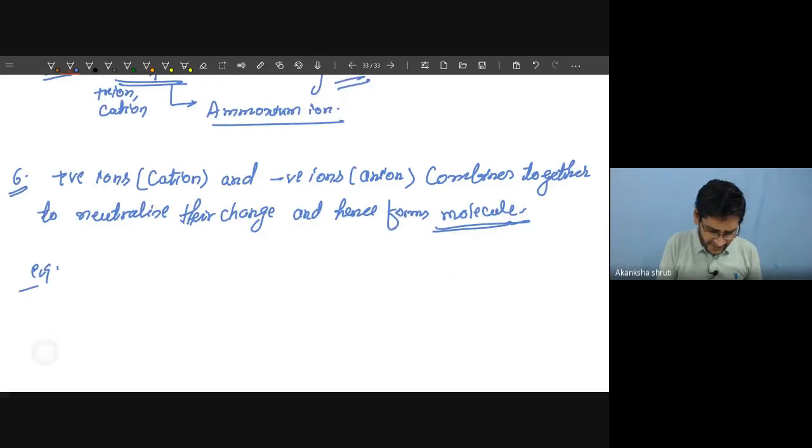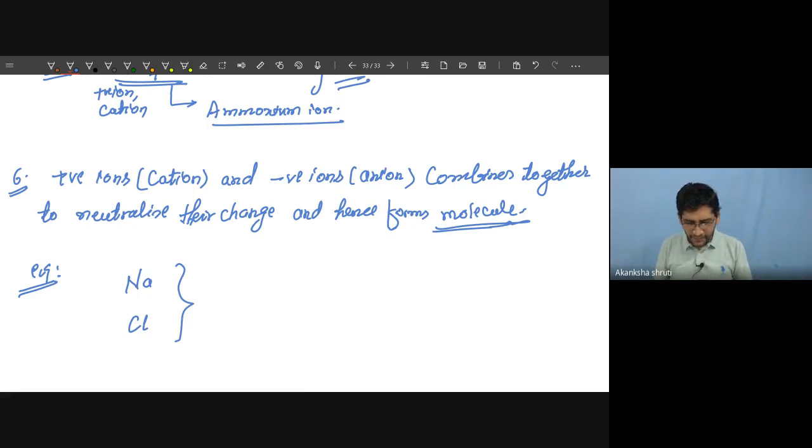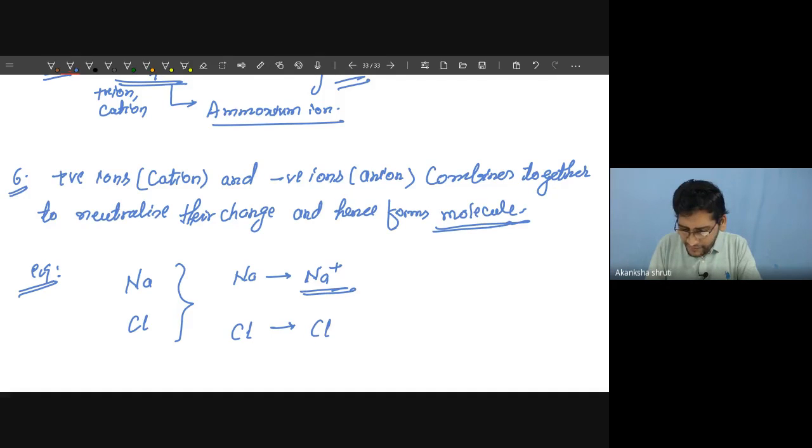Example, students, if we are considering sodium, and near to this sodium there is chlorine. What will be the formula for the compound that contains sodium and chlorine? First you have to understand that sodium is showing what? Plus valency. So it exists as Na plus. So rather than sodium you need to think of Na plus. For chlorine you need to think of Cl minus.